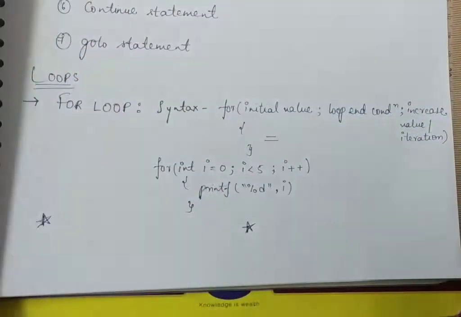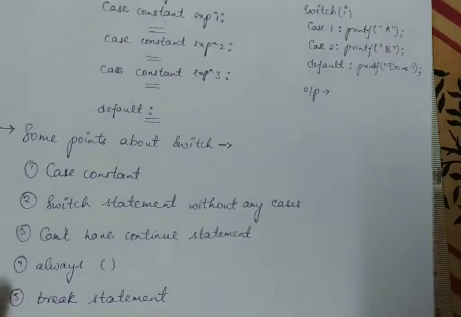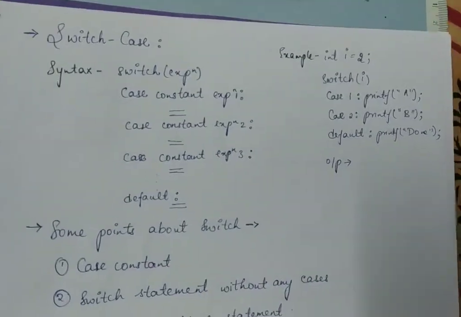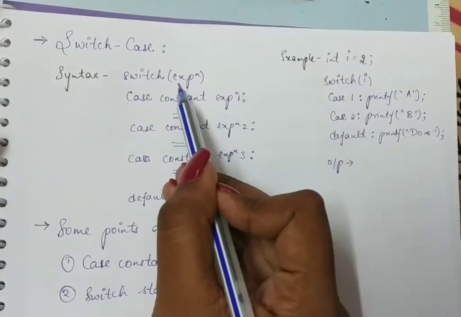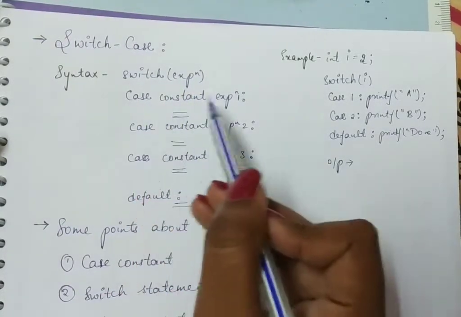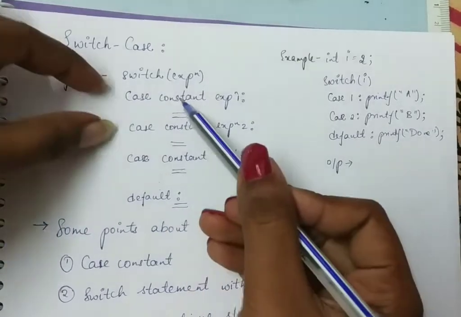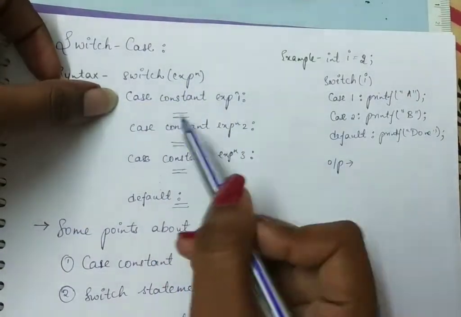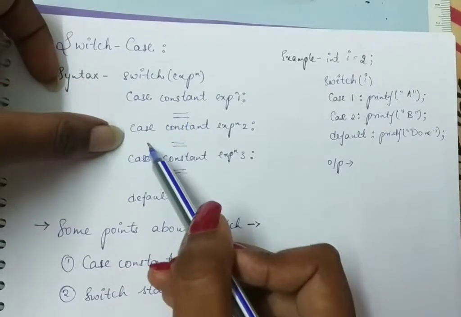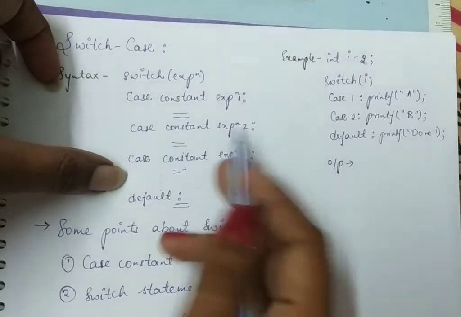And then we have a very important switch case statement. It's really very important. This is the syntax: switch of expression is written here, case constant expression 1. These are the case conditions. If the expression matches this case, you have some statements written here, this case some statements, and so on.